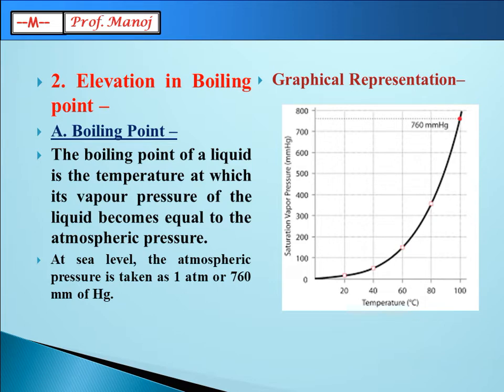So once again look at the definition. The boiling point of a liquid is the temperature, say 100 degrees here in the graph, at which vapor pressure becomes equal to how much? 760 millimeter, that means atmospheric pressure. If I am carrying out this experiment at a higher altitude, instead of 760 millimeter, there will be some other value of atmospheric pressure.